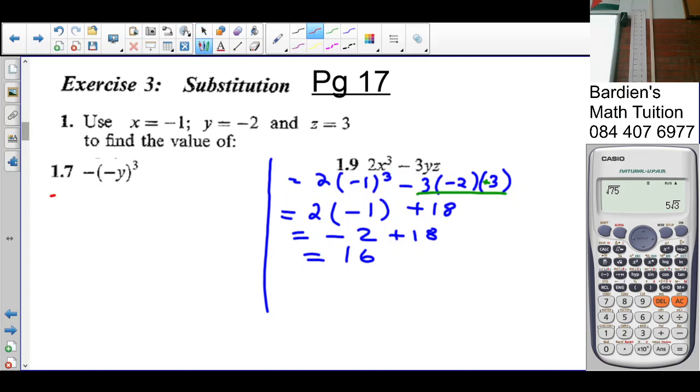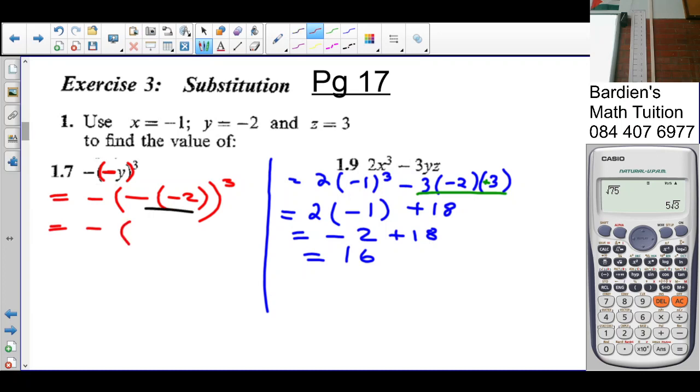Alright. People, what is the value for y? Negative 2. So it's negative, open brackets. Now, this negative there is that negative there. Okay. You open the brackets, negative 2. Close that bracket. This bracket there is being closed there. Raised to the exponent 3. So now we're going to sort inside the bracket out first.